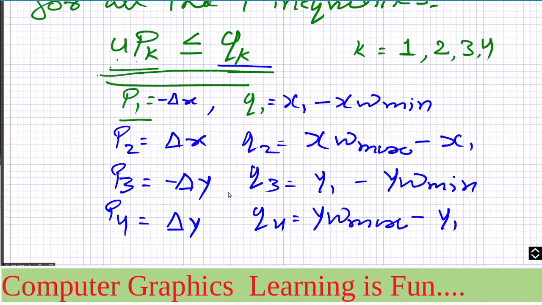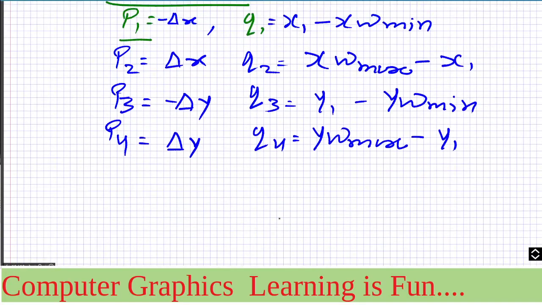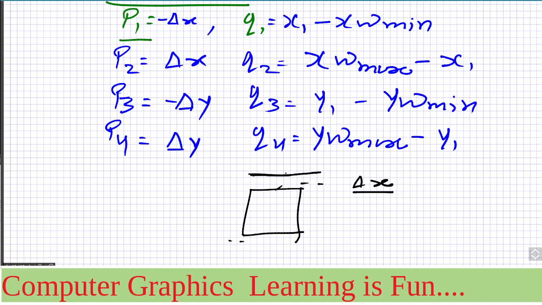So for any line, this was our clipping window. Let me draw a window. It is x min, y min and x max, y max. Consider any line which is parallel to this particular line, this one or this one. If the line is parallel to this particular line, can you tell me what the value of delta x will be?